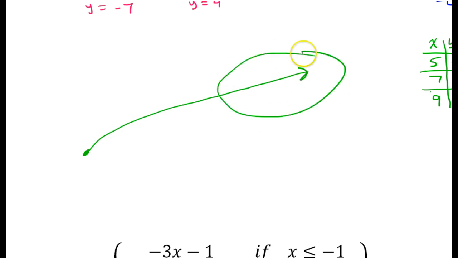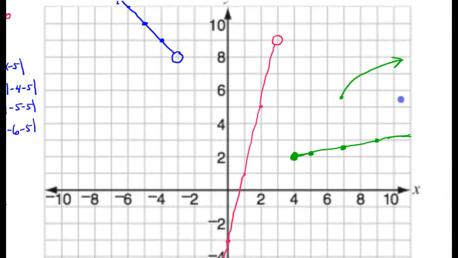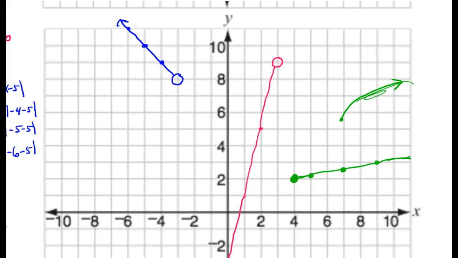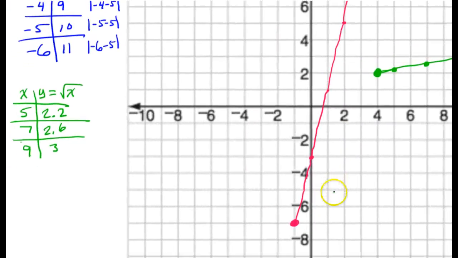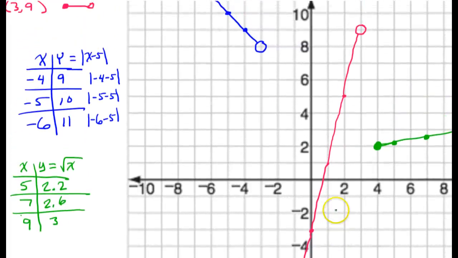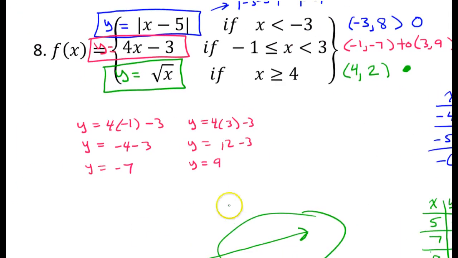But if you just look at one part of it, that looks like a straight line, but it's not. All right, but anyway, we're done. All right, this is what the green piece of the piecewise function would look like. So you can see overall the look of this piecewise function. Okay, and that'll do it for problem number 8.